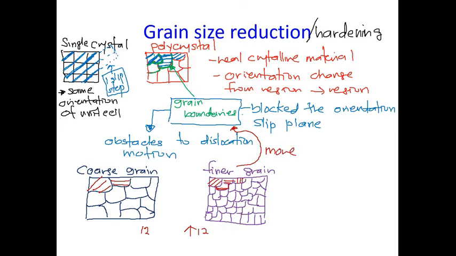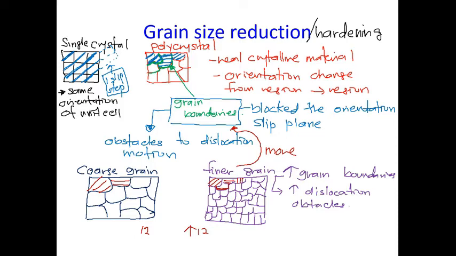So when you have more grain boundaries, you will have more dislocation obstacles, correct? Because these grain boundaries act as obstacles to the dislocation motion.